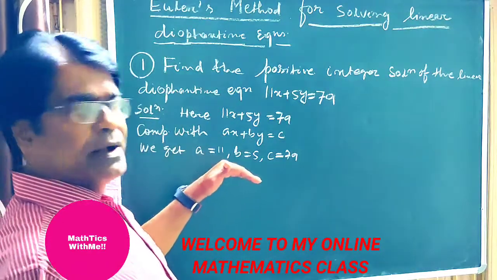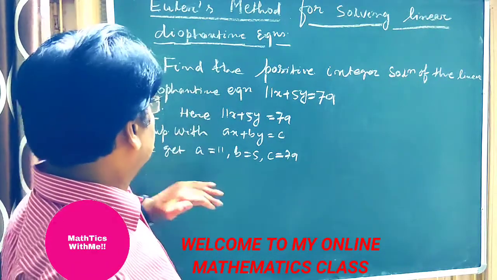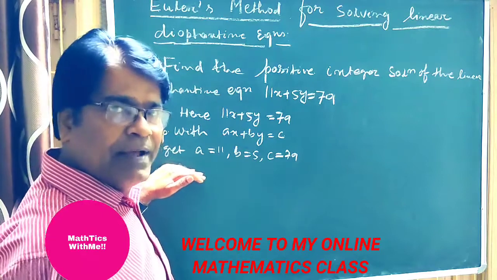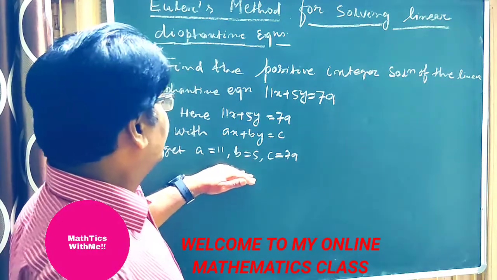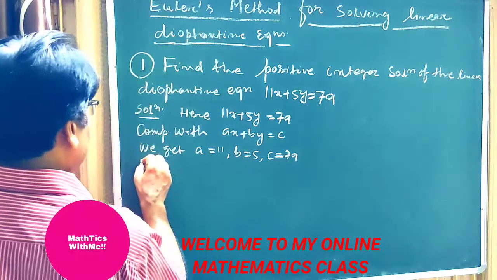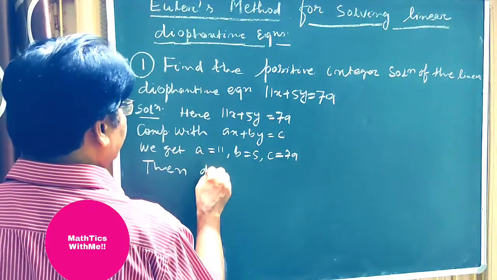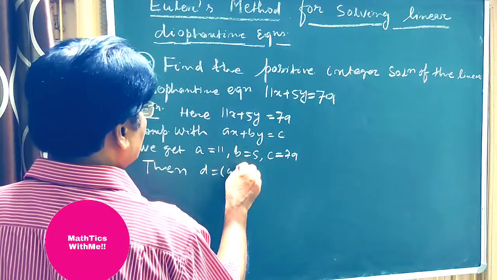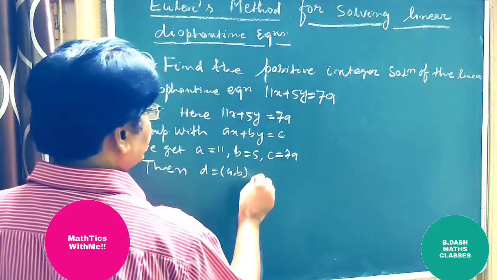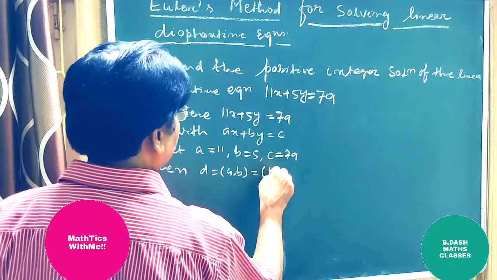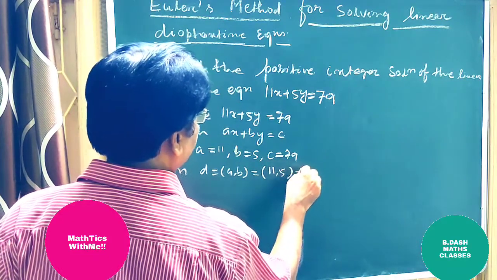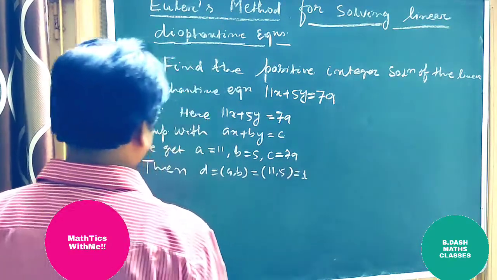So, on comparison of these two equations, we are getting a 11, b 5, c 79. Then the greatest common divisor between A and B, d is equal to greatest common divisor between 11 and 5, that is 1.